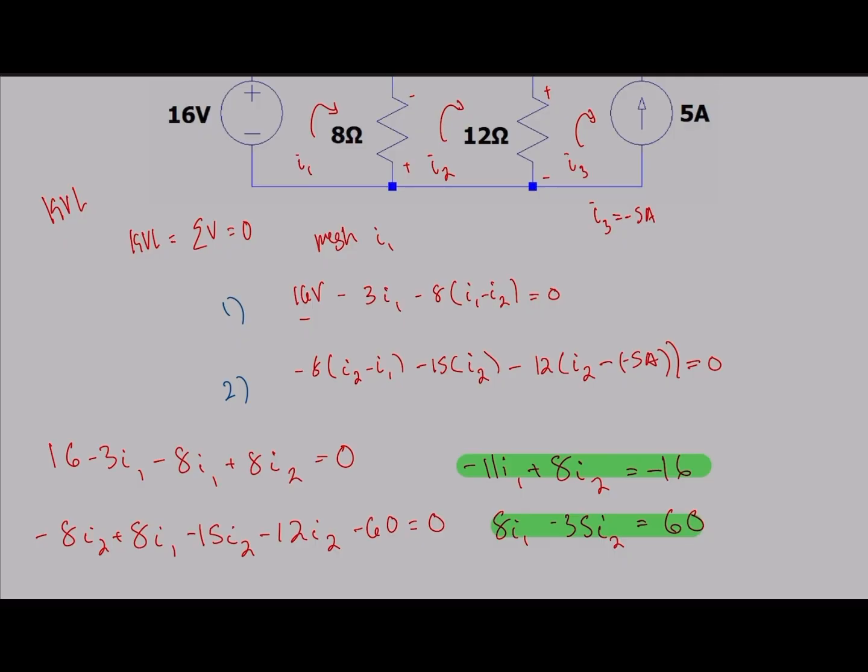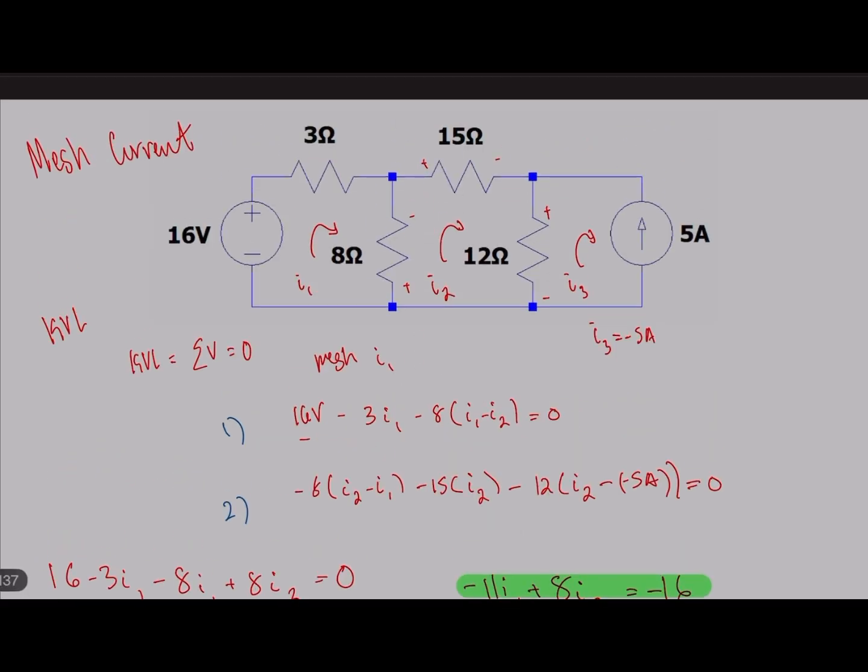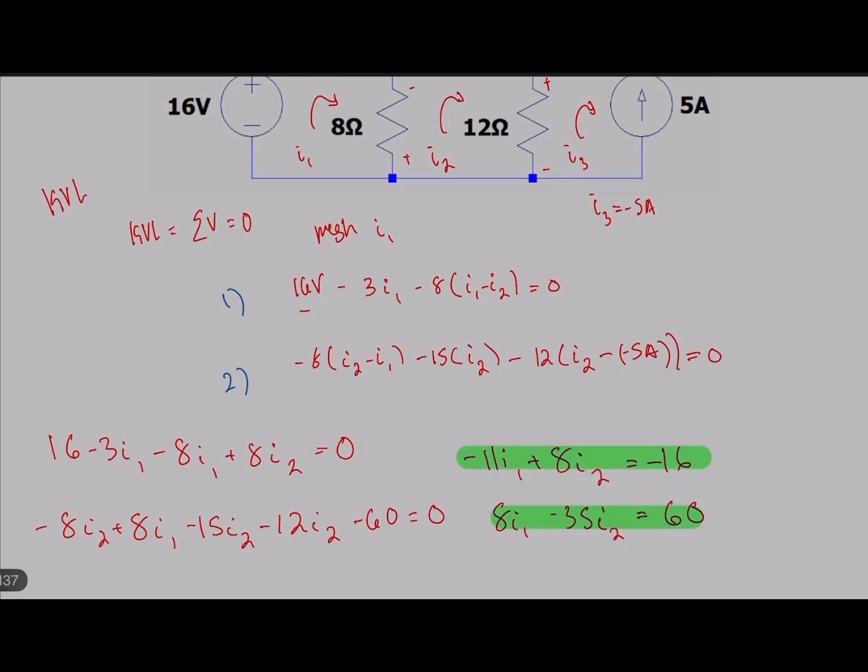Again, once you simplify your 2 equations, you'll be able to solve for the mesh currents. So you should be left with I1 equaling 0.249 amps, or 249 milliamps, and I2 equaling negative 1.657 amps.